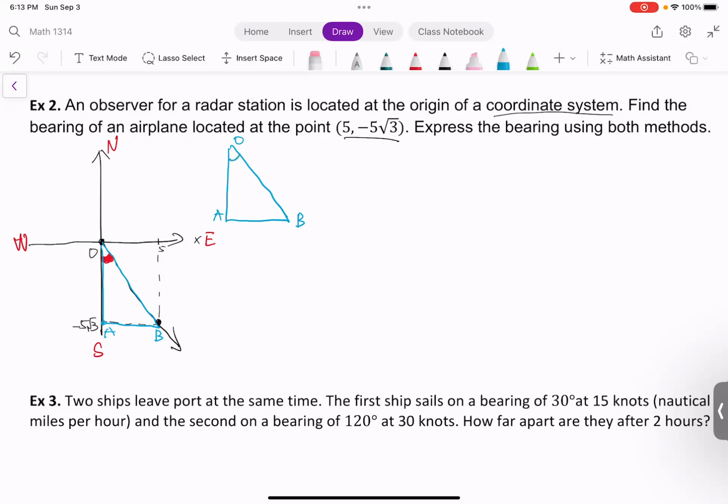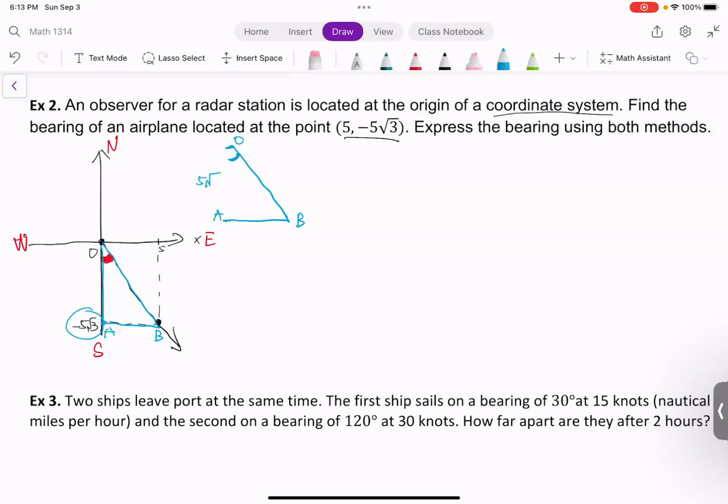It's asking about the angle O. How to find the angle O? What is the length of OA? It is 5 square root of 3. Even though the coordinates' y value is -5 square root of 3, the length, the distance from here to here, is 5 square root of 3.